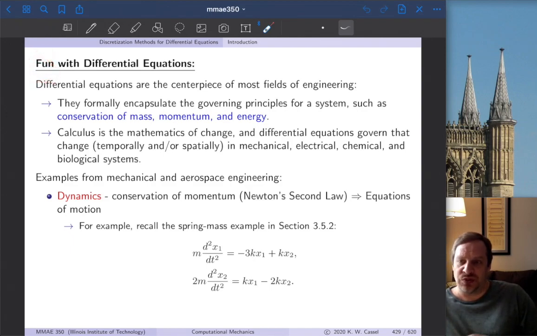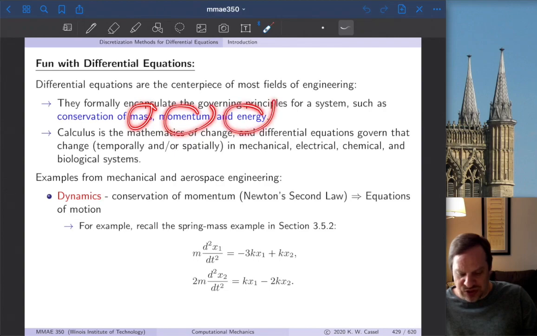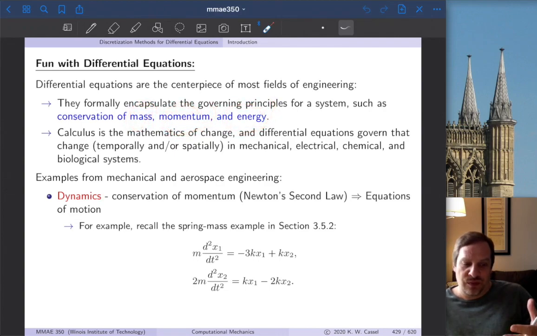For me, this is really when math became, I could see the connection between the math and the physics of reality. And that's when things really get interesting. So many of the governing principles that our systems are subject to, such as conservation of mass, momentum, and energy, when we actually formulate the governing equations for these various principles, they end up being ordinary and partial differential equations. So they're all over the place in our engineering applications.